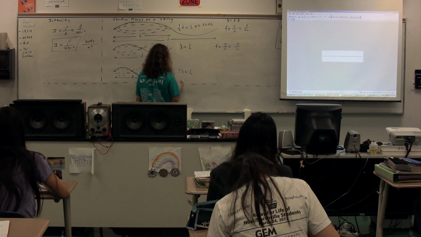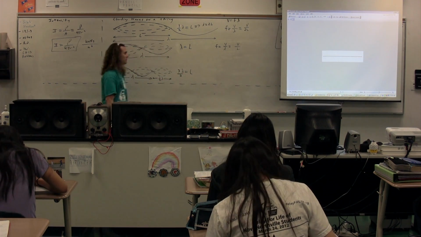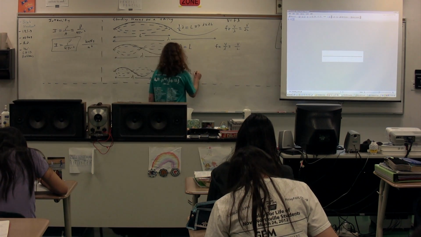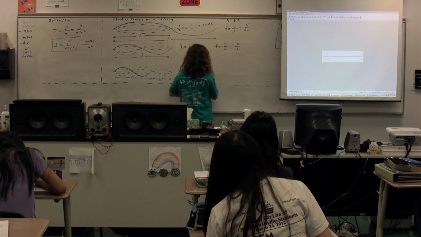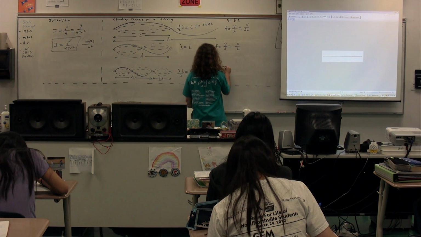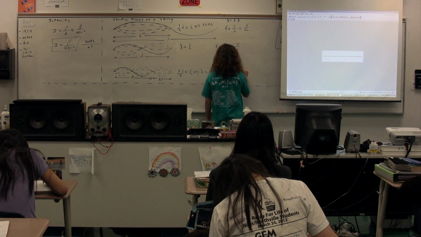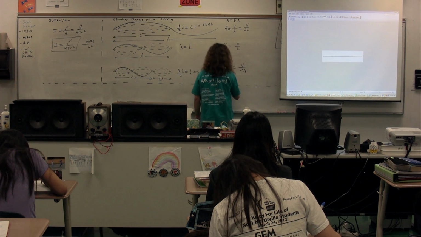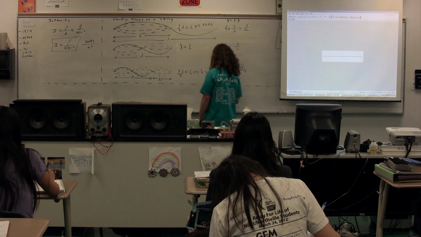So yes, 3 wavelengths over 2, or 1.5 wavelengths equals the length. So then we know the wavelength equals 2L over 3, which means the frequency is going to be equal to the velocity divided by the wavelength, or the velocity divided by 2L over 3, or the frequency in this particular case is going to be equal to 3 times the velocity over 2L.